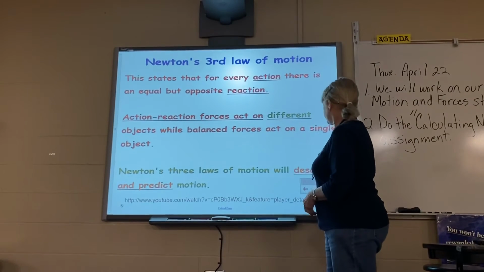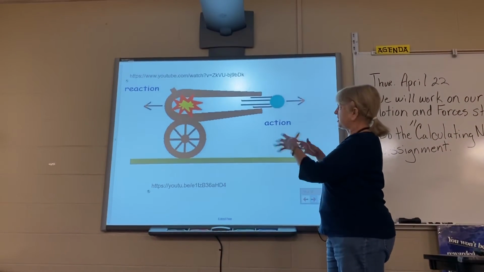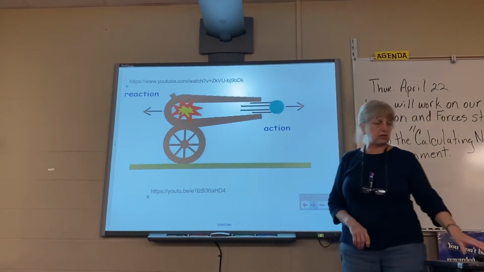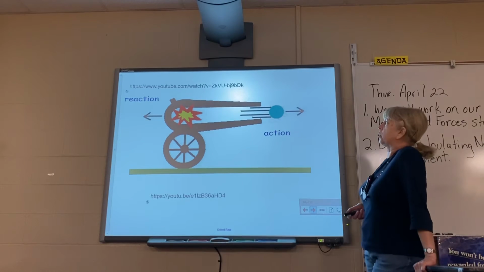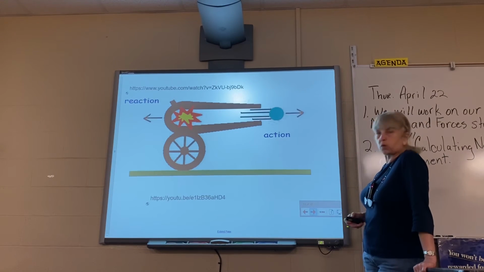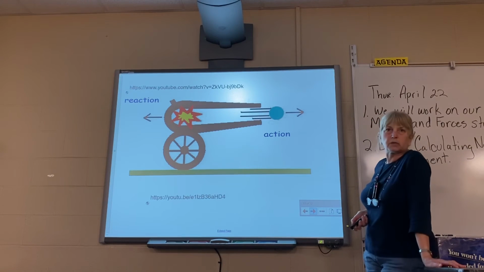I bet they did. All right, so this is kind of similar to what I was just describing. This is an old Civil War cannon, and they don't have these everywhere anymore, but they do have them occasionally, like when they do reenactments of different battles.